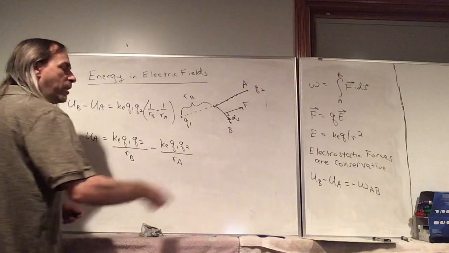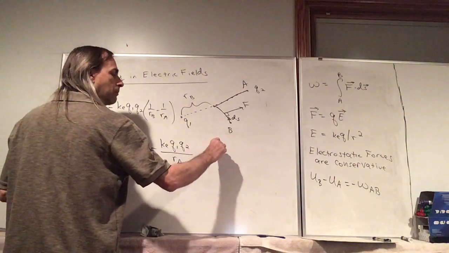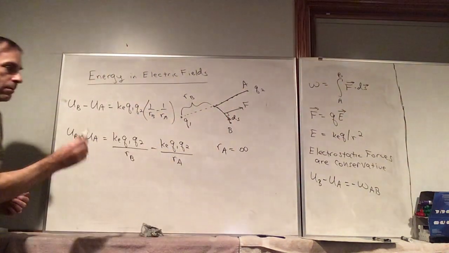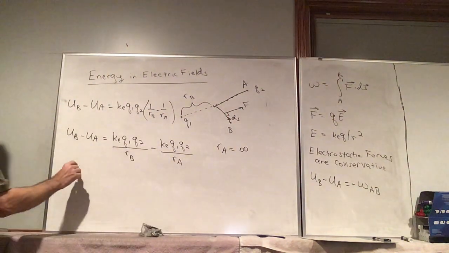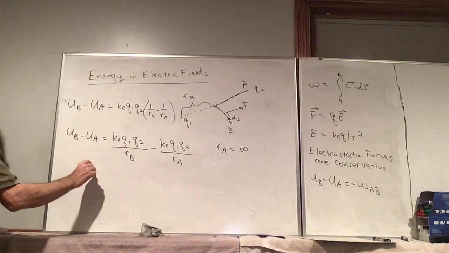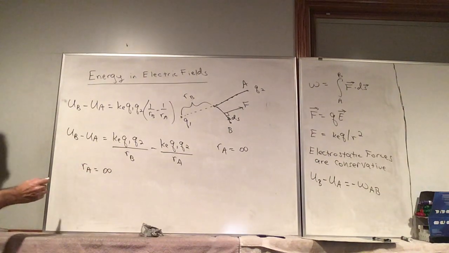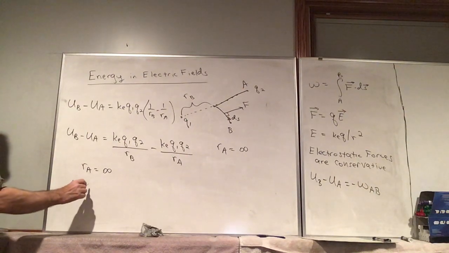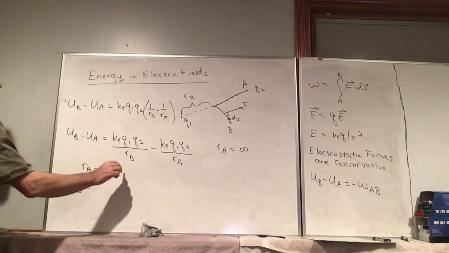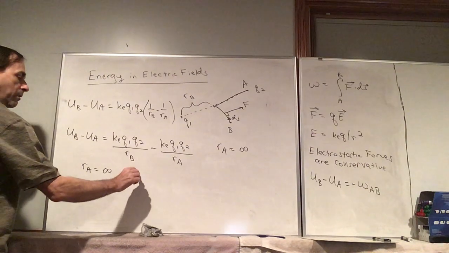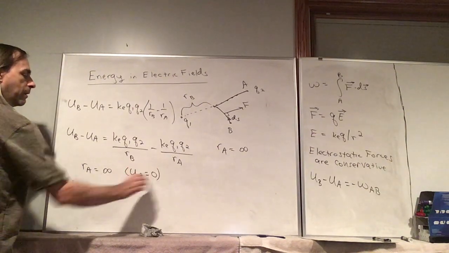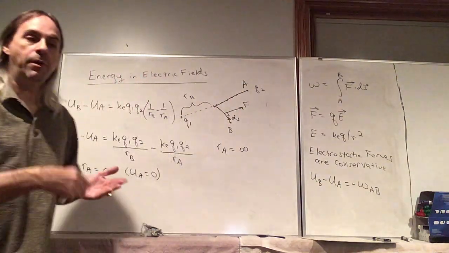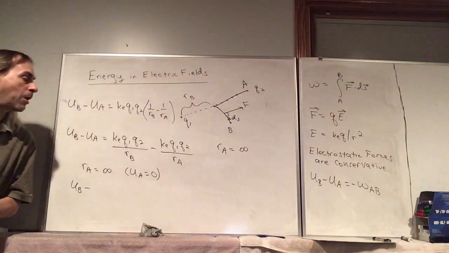And so if we set RA equals infinity, let's plug this in. Let me write that here. Let's say that RA equals infinity. Then we have UB minus, and let's say that the potential energy at A is then 0, because there shouldn't be any interaction if the particles are infinitely far apart.